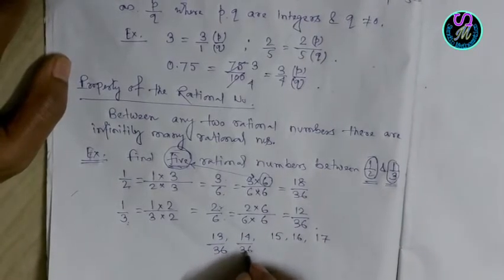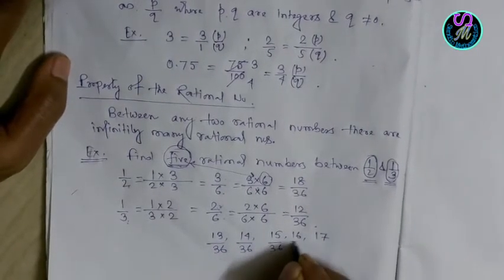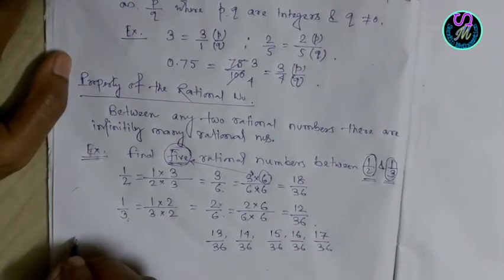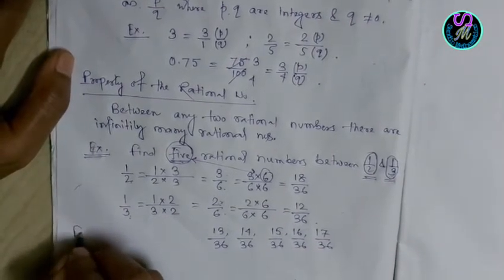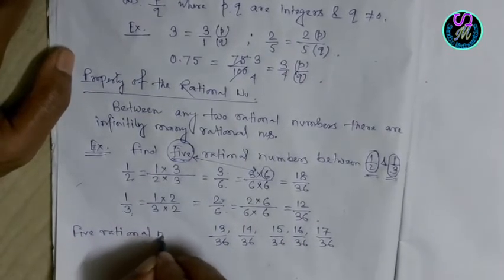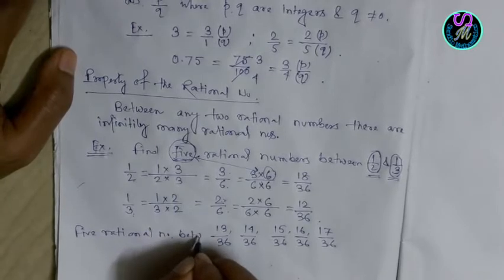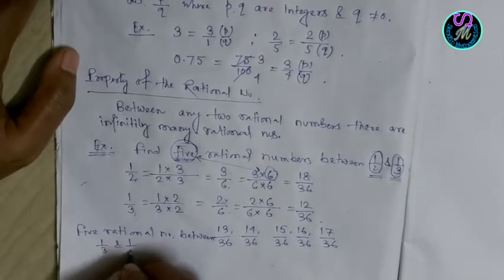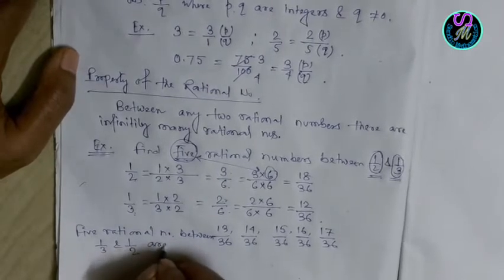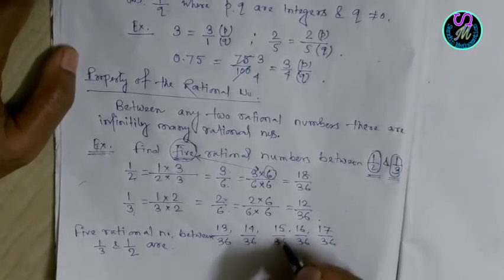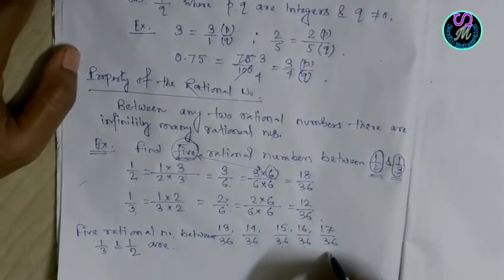So the 5 rational numbers between 1 by 3 and 1 by 2 are 13 by 36, 14 by 36, 15 by 36, 16 by 36 and 17 by 36.